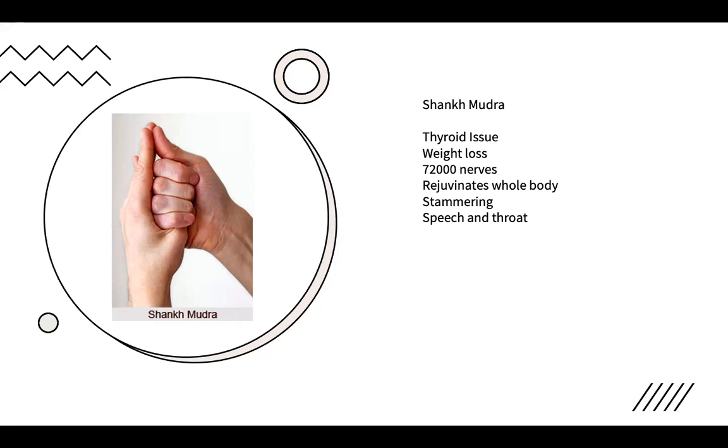It happens automatically. It purifies all the 72,000 nerves, rejuvenates the whole body, clears your stammering. Because it clears the speech, this mudra is used for worshipping. So speech and throat, it's very beneficial.